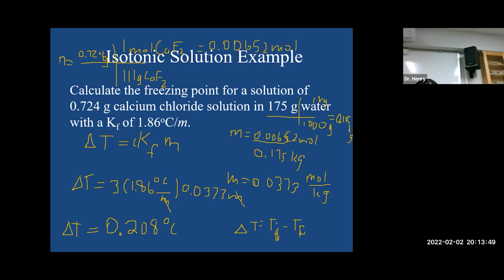So the new freezing point, T freezing point, is going to equal -0.208 degrees C.